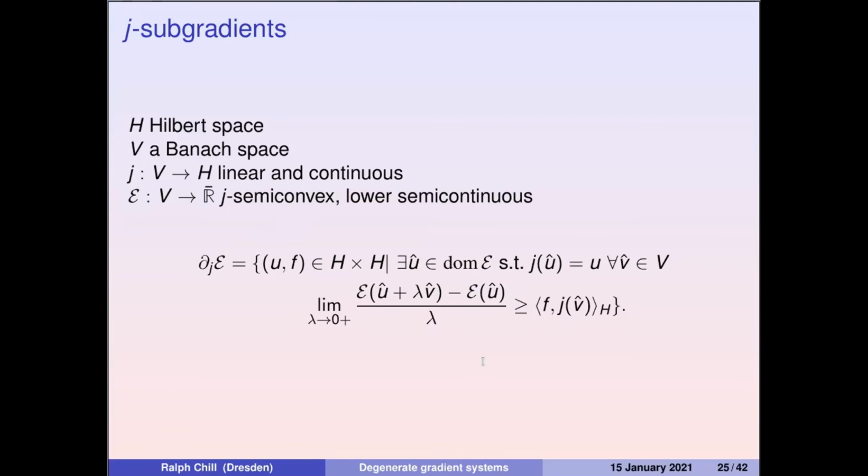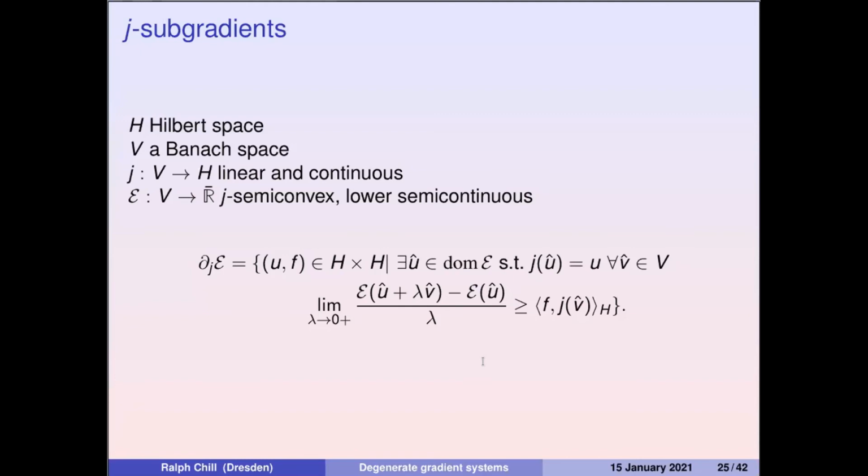All this is not necessary. It's just a linear and continuous operator. And we assume that E is J-convex, semi-convex, so I will explain, and lower semi-continuous on the Banach space V.